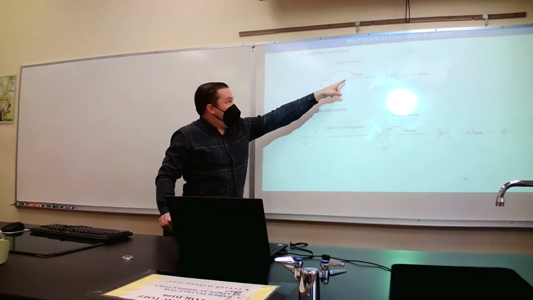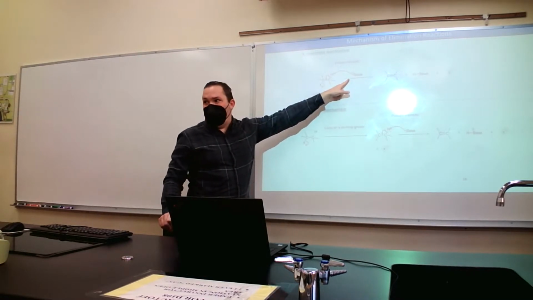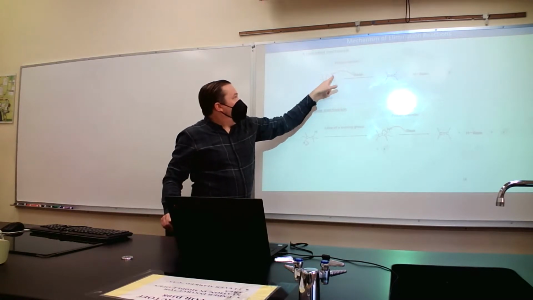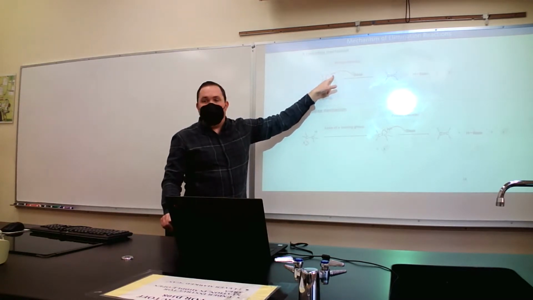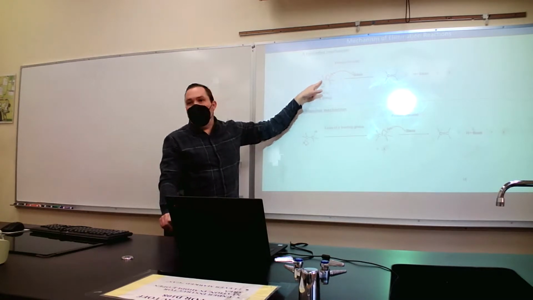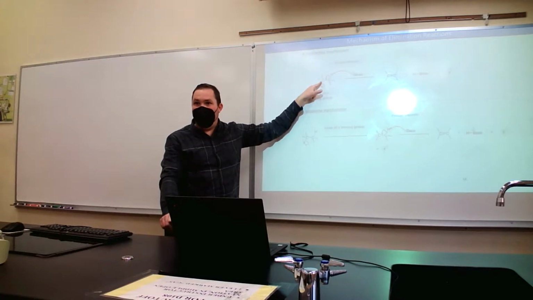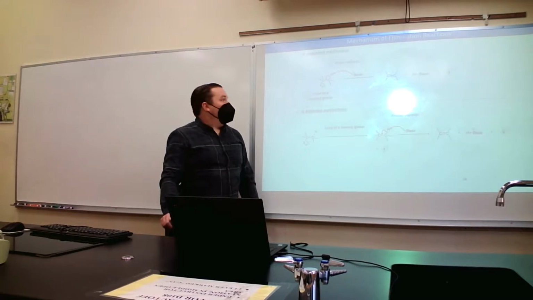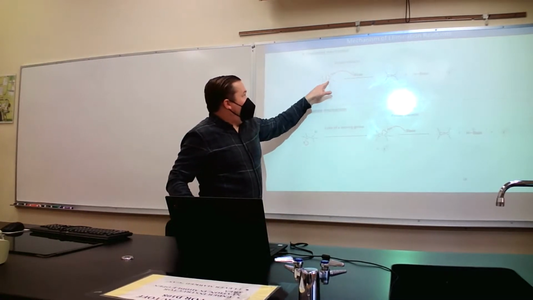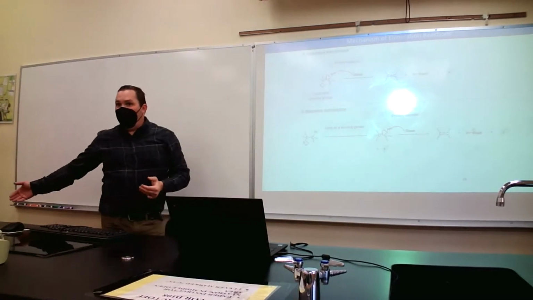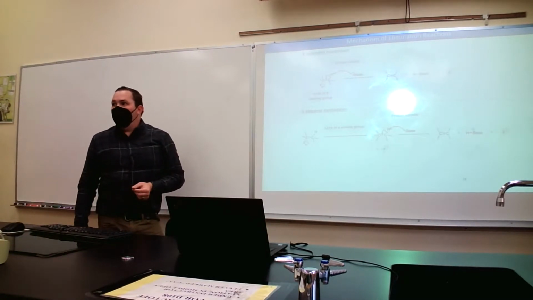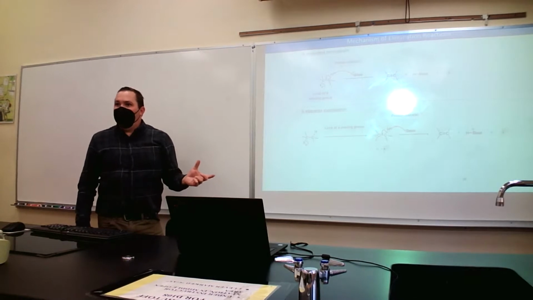But if we're showing it acting as a Bronsted-Lowry base, we would write it just base with a lone pair, stealing a proton. Those electrons are moving over towards the adjacent carbon, the carbon that has the leaving group, and the leaving group is leaving. Right, so the base is always attacking an adjacent carbon's hydrogen, not the carbon that has the leaving group, which takes a little bit of practice.